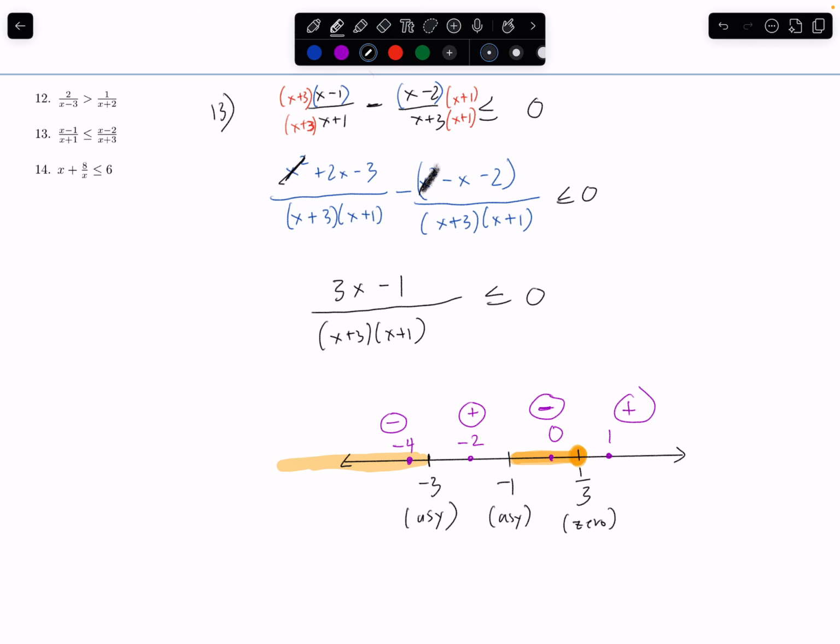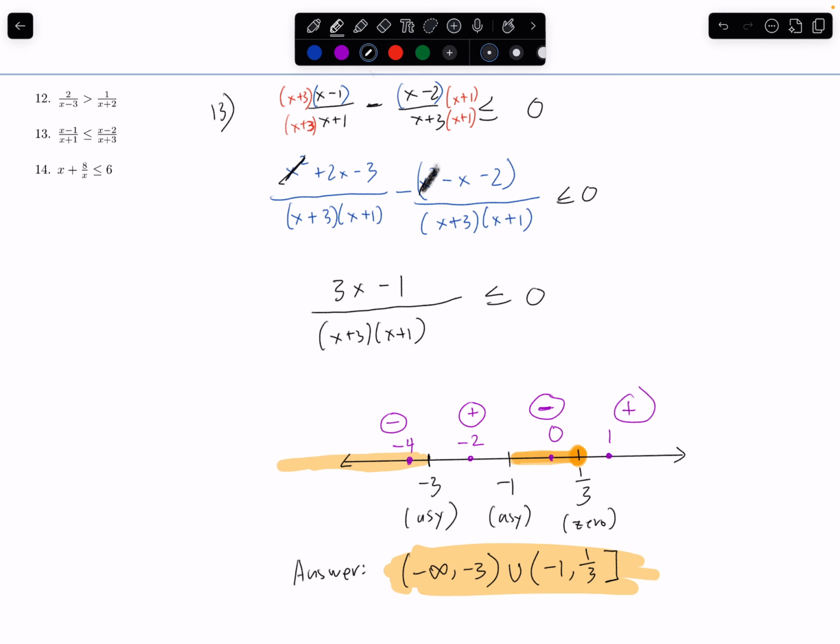So now we're ready to write our final answer. From -infinity up until -3, that's where it's less than 0. Don't include -3 because that's an asymptote. Union from -1 up until 1/3. I do include 1/3 because that is a 0. But not the -1 because that one's an asymptote. So there you go.